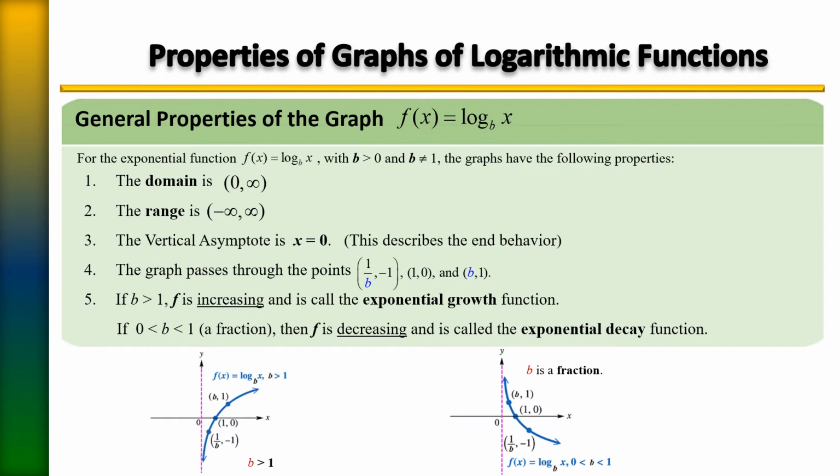And if b is a fraction, such as in the example of the second case, then it would be a decreasing function from left to right, moving in a downward motion. And there you have it, the properties of logarithmic functions.